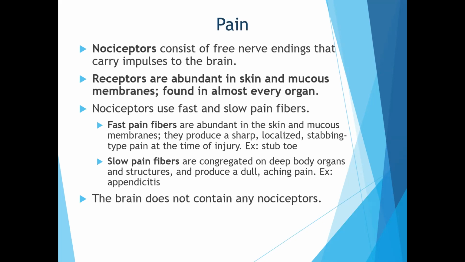You guys do not need to memorize or worry about the difference between fast and slow pain fibers. But our fast pain fibers are abundant in our skin and mucous membranes. That's our sharp, stabbing type of pain. Like you stub your toe, you're super mad, that initial really intense pain, that's your fast pain fibers.